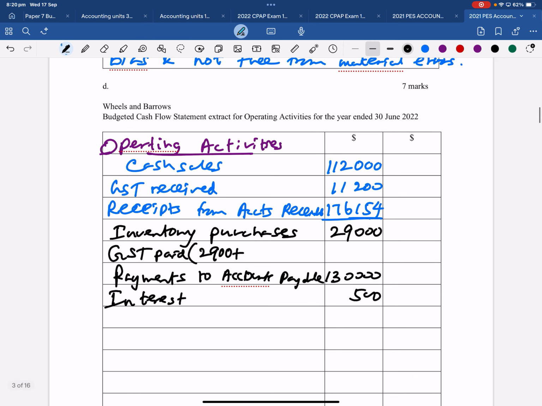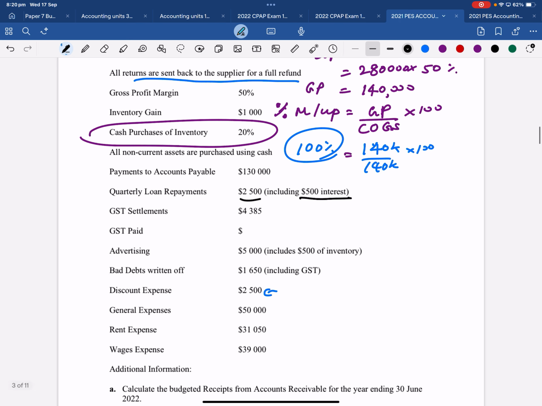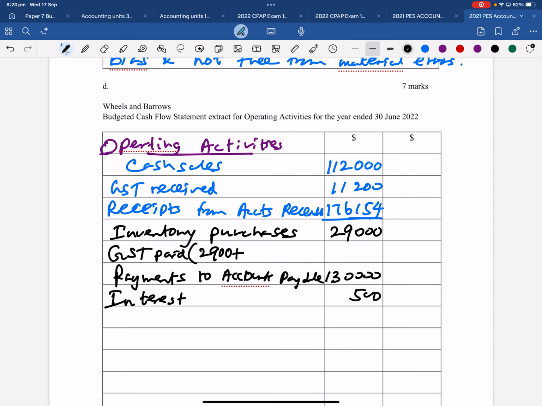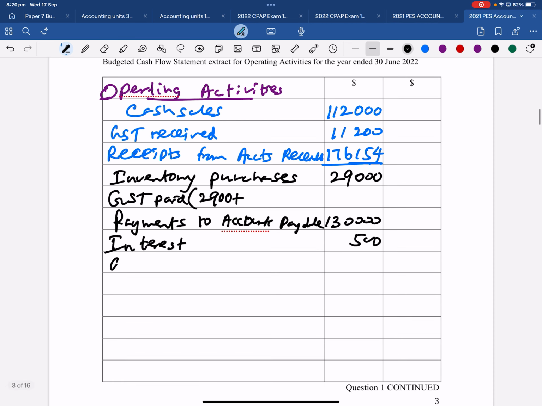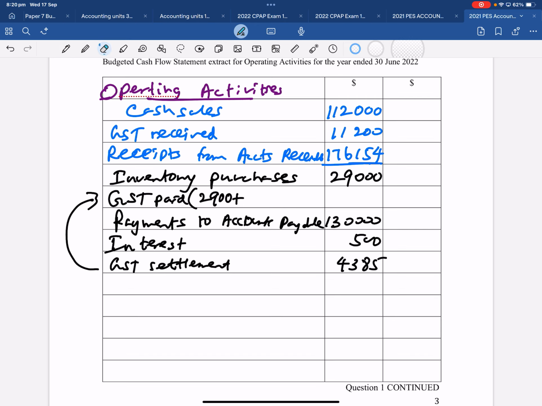Then GST settlement, 4,385. Is this one and GST paid the same thing? GST settlement and GST paid? No, they are different. Settlement is for the transactions that happened in the previous period.